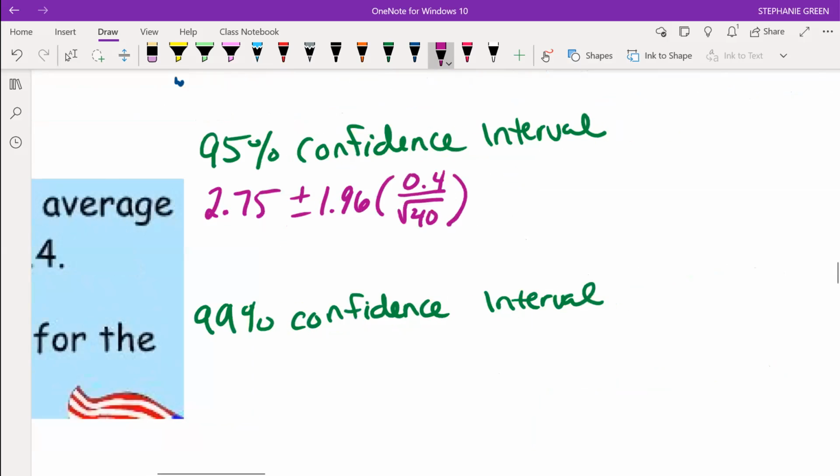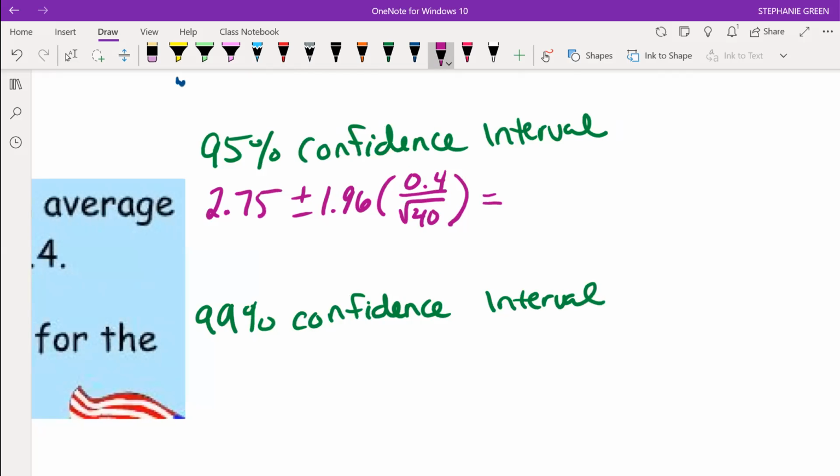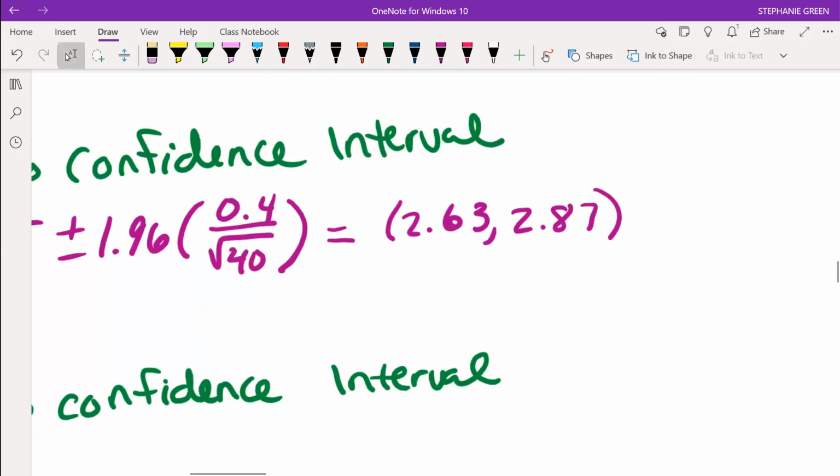So we subtract to get our lower bound, add to get our upper bound, and there is our 95% confidence interval. That means, again, that we are 95% confident the true mean is within these two numbers.